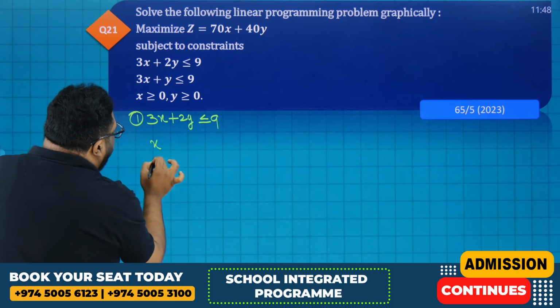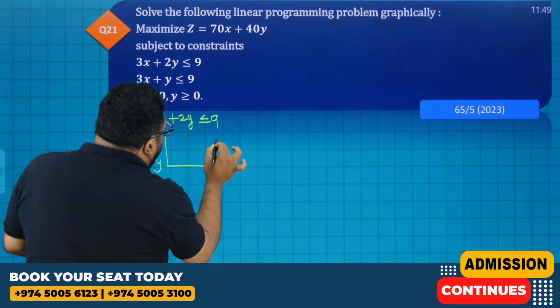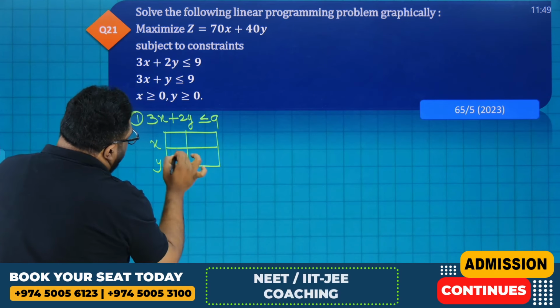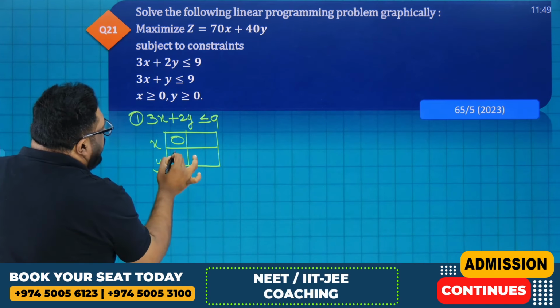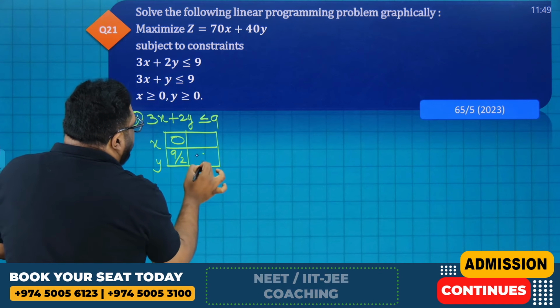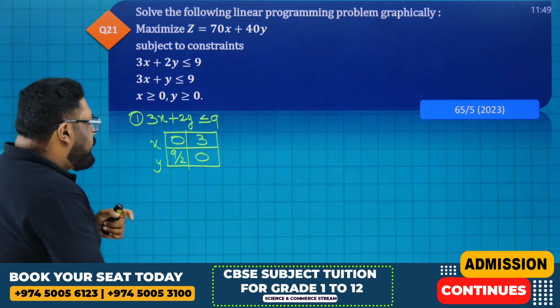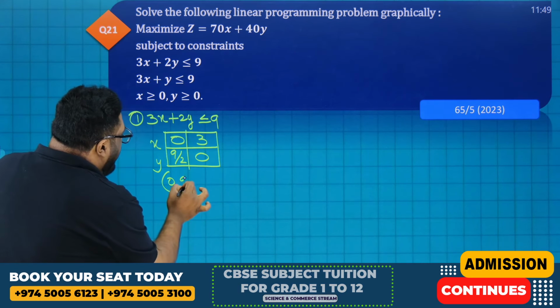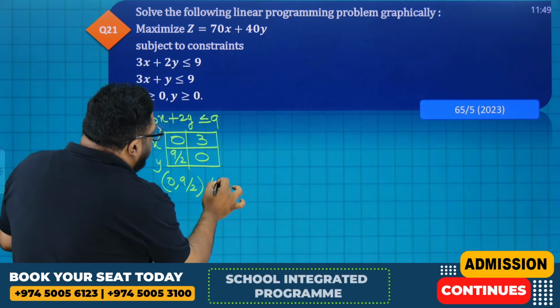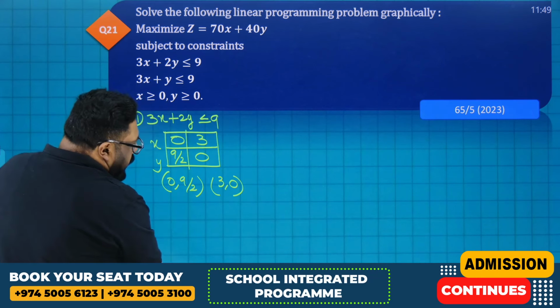Let us try to find the points for drawing the graph. X is equal to 0, y is equal to 9 by 2. Y is equal to 0, x is equal to 3. I got the first points, which are 0, 9 by 2 and 3, 0.